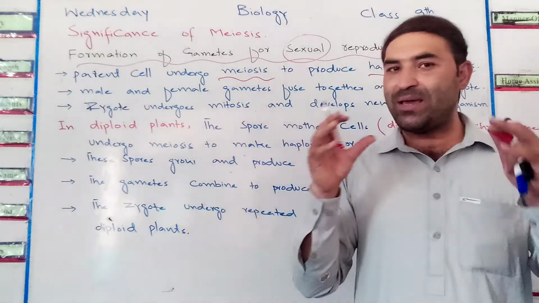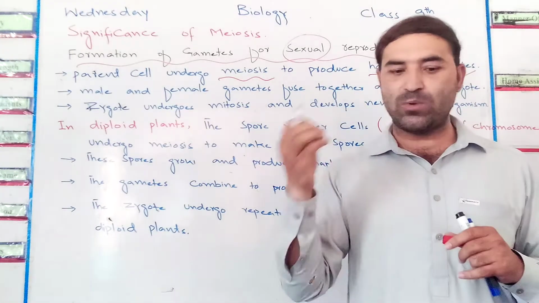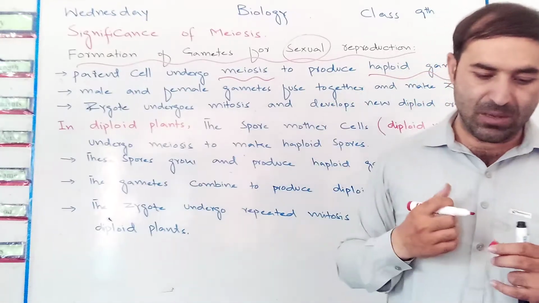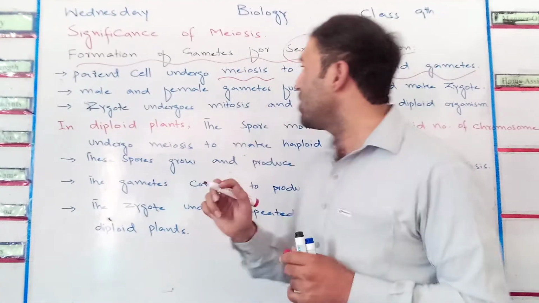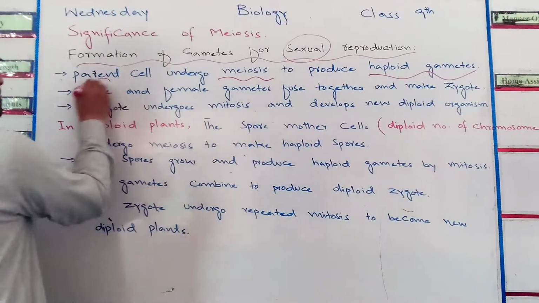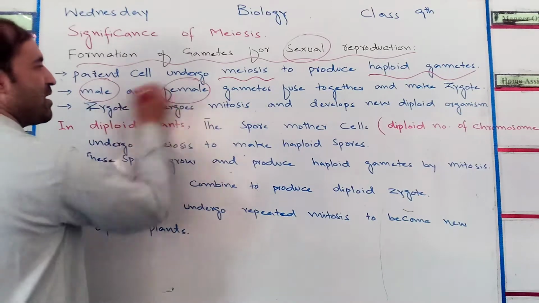Means that the parent cell will undergo meiosis and produce haploid gametes. Now these gametes are of two types. One is called male gamete and another is called female gamete.